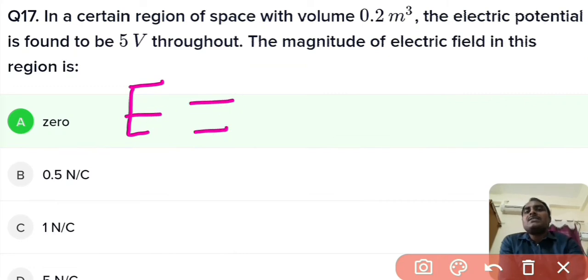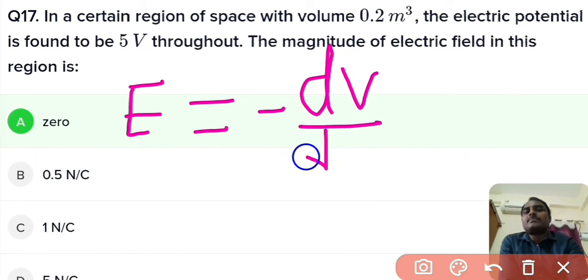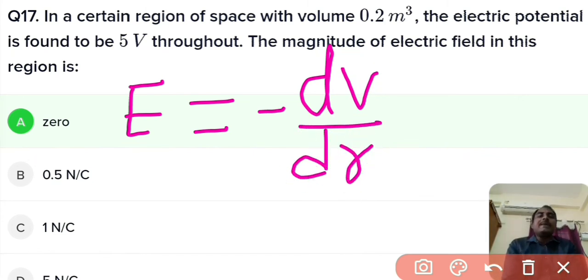E is the electric field, E equal to minus dV by dr. When potential is given, by differentiation of potential with respect to distance, you can find electric field.